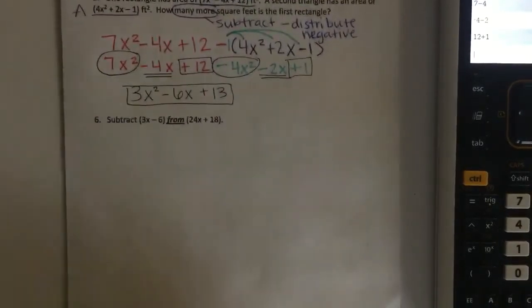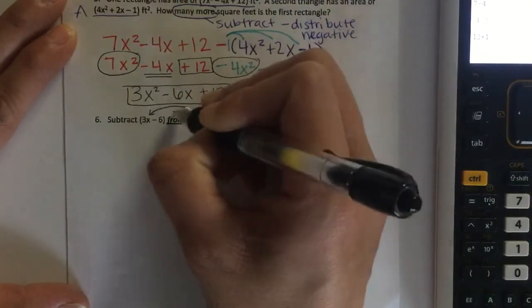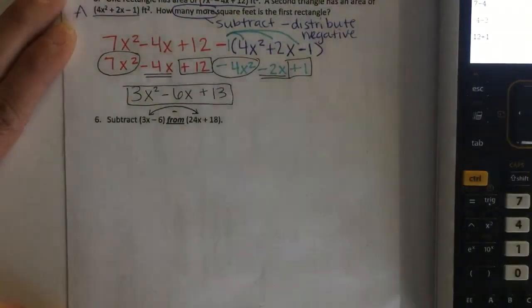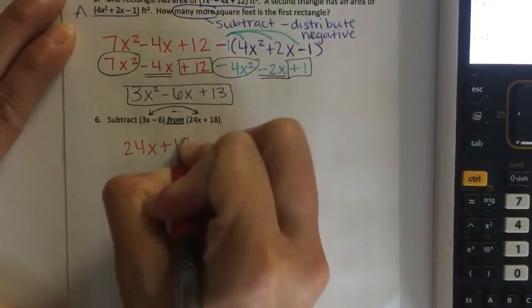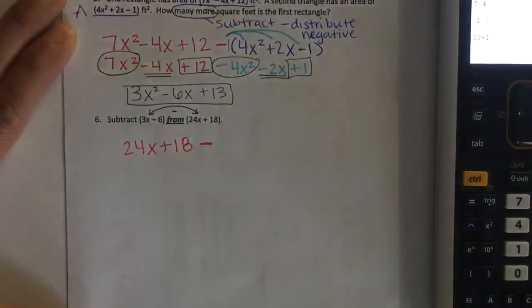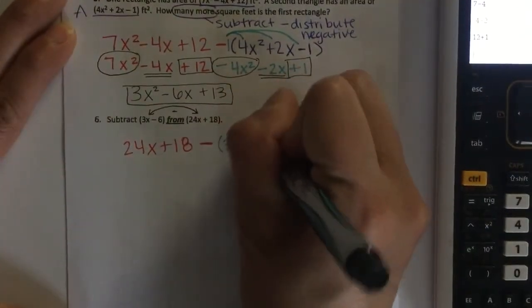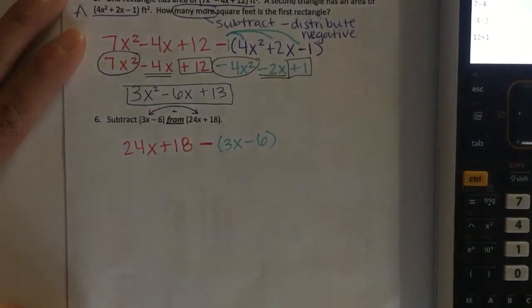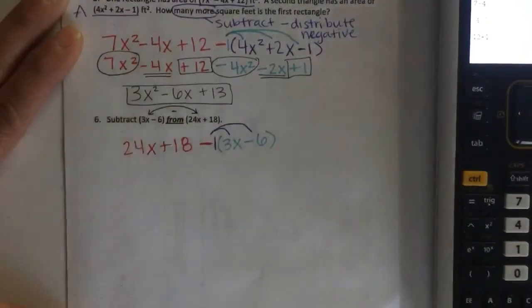Last one, number 6, you have 3x minus 6, and you're subtracting it from 24x plus 18. So you're subtracting from, it's a flip phrase, you're going to do subtraction. First, you're going to write 24x plus 18, and you're subtracting all of this from it: 3x minus 6. From here, you need to distribute the negative 1, and it's going to change your signs.